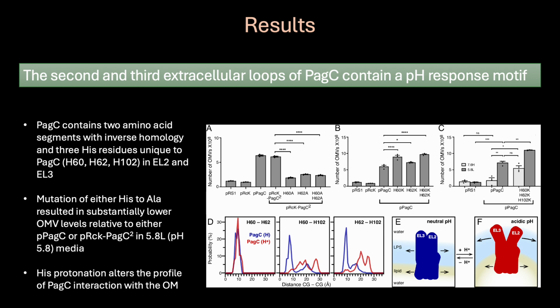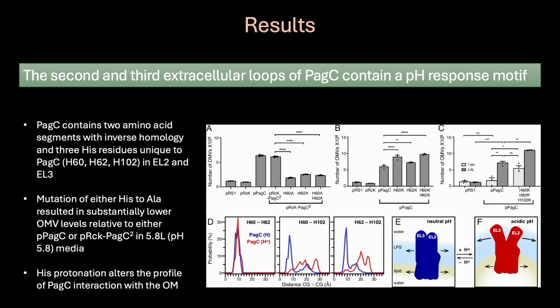So in the first graph, between residue H60 and H62, and then between H60 and H102, and then third shown there, H62 and H102. And the probability of it occurring is shown on the y-axis.